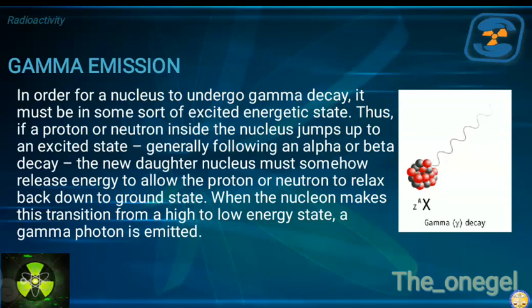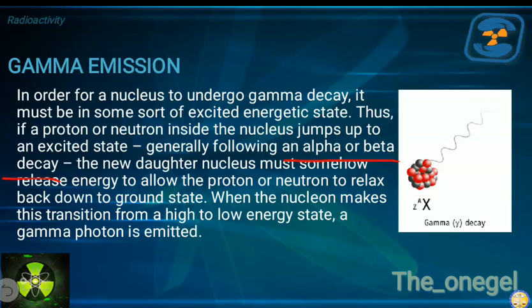gamma, pumapasok lang siya pag mayroong alpha or beta decay. Hindi siya solo na emission. Wala namang tinatawag na purely gamma emitter. Pumapasok lang siya or sumasama siya kung mayroong alpha or beta decay. But sinabi natin kanina, there are elements sa nuclear medicine na purely beta emitter.